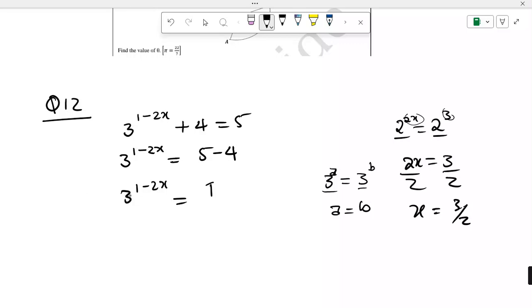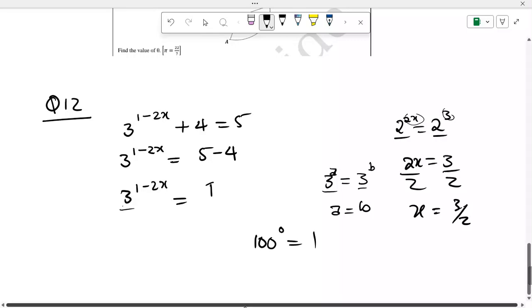So here, how do we make this 3? We have 1, but we need it to have a base of 3. That's where you need to know indices. I mentioned at the beginning that any number to the power 0 is 1, whether it's 1000 to the power 0 or anything else.